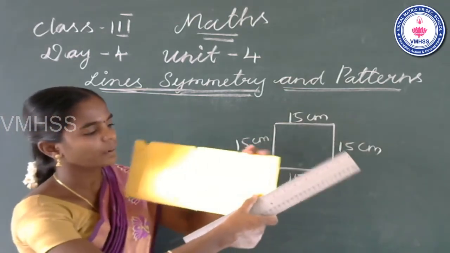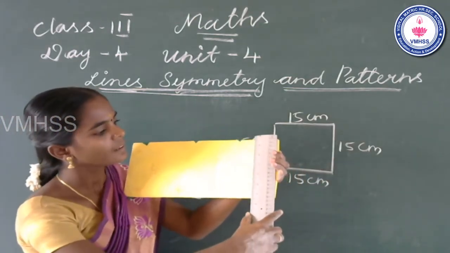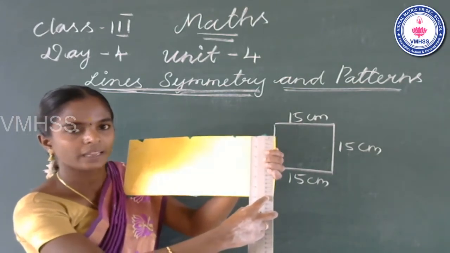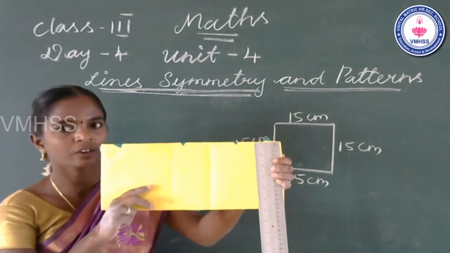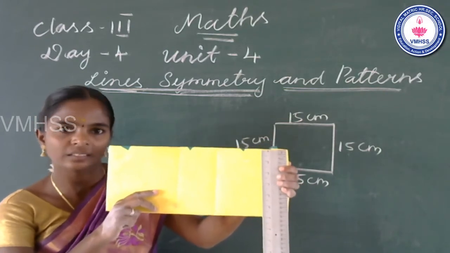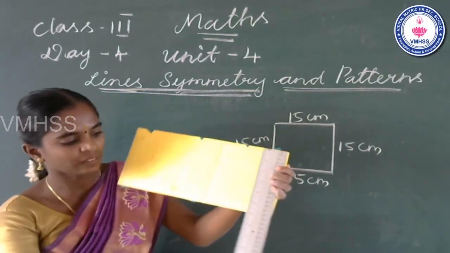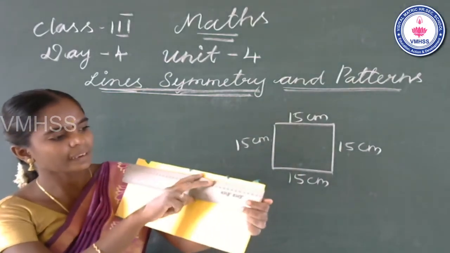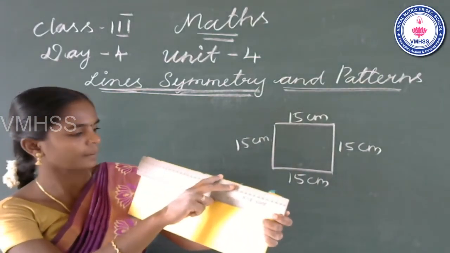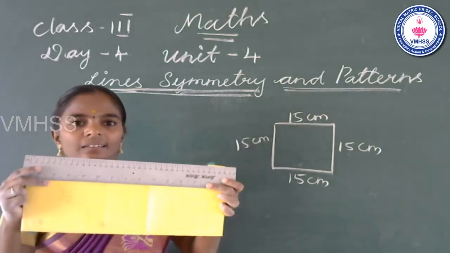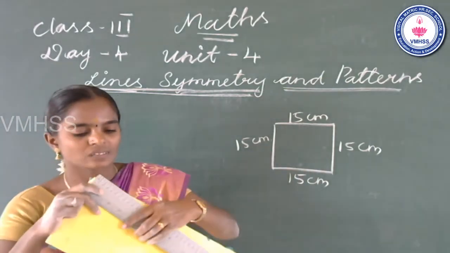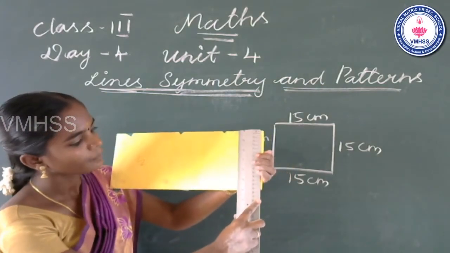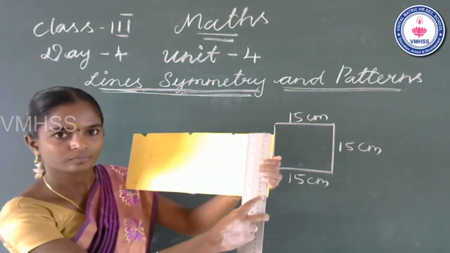Next we measure the vertical side. The vertical side is 15 centimeter. Children, one rectangle shape is given. Now we measure the length. First we measure the horizontal side, 35 centimeter. Next the vertical side, 15 centimeter.